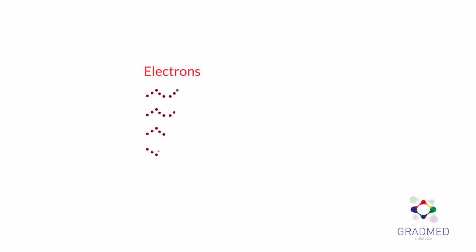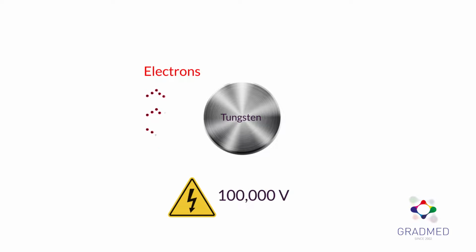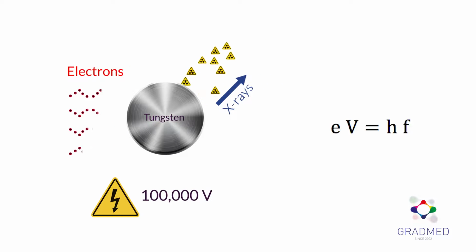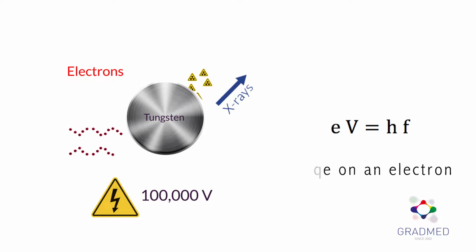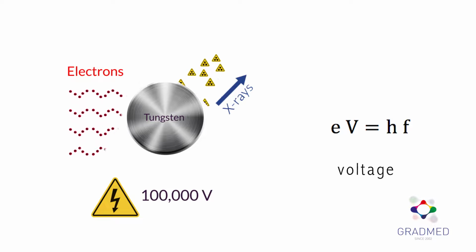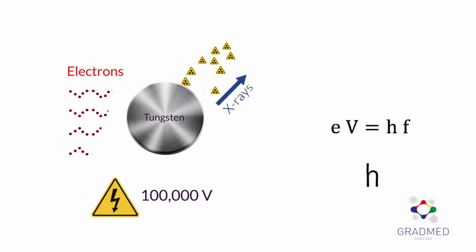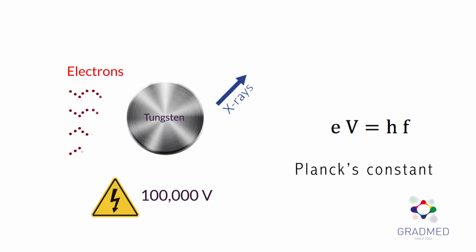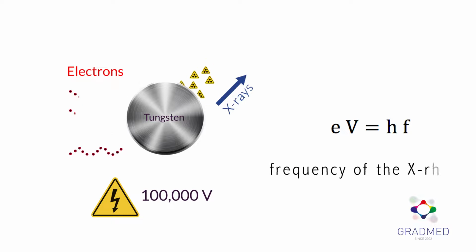Now, X-rays are generated by firing high-energy electrons towards a tungsten target. When the electrons hit the target, some of them generate X-rays, according to the equation shown here, where e is the charge on an electron, V is the voltage the electrons are accelerated through, h is a constant called Planck's constant, and f is the frequency of the X-rays that are produced.